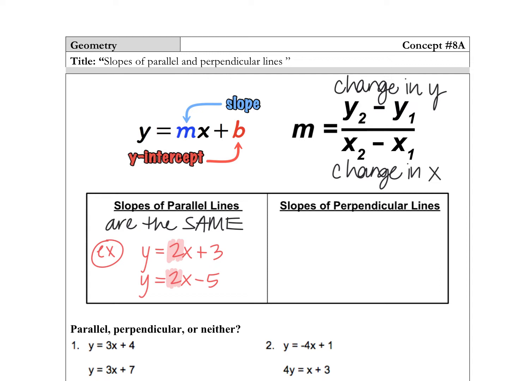These are opposite reciprocals. So opposite meaning positive and negative.